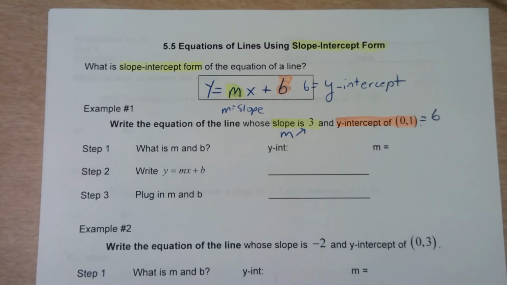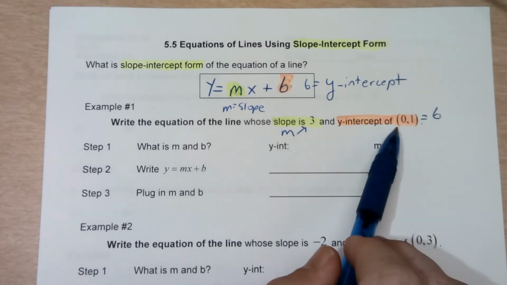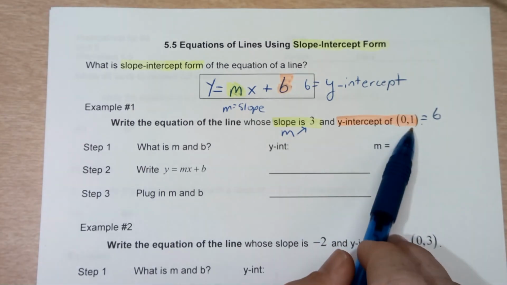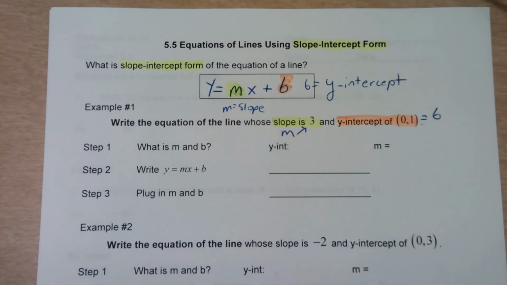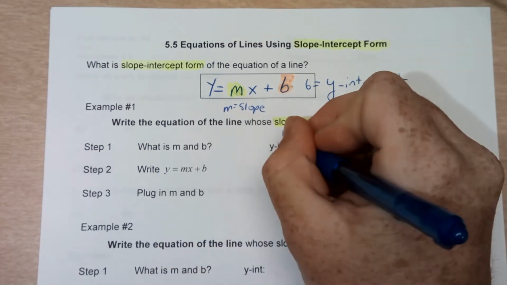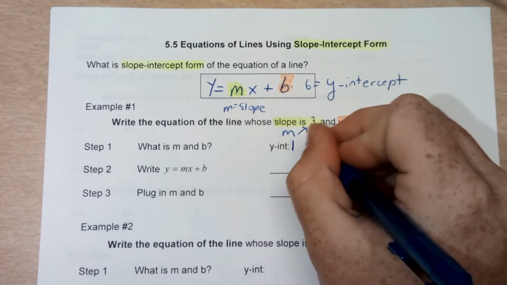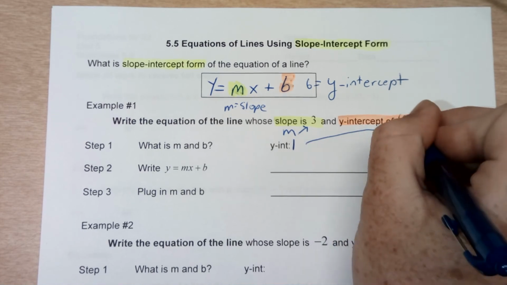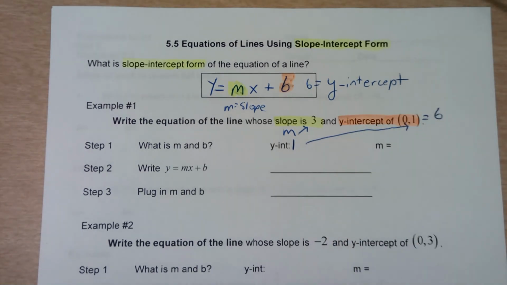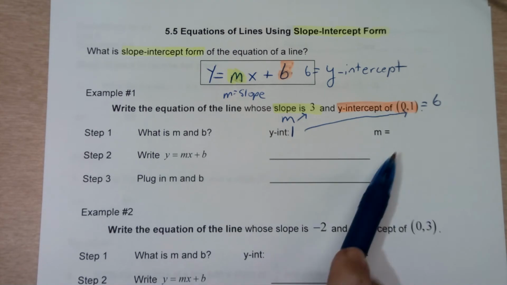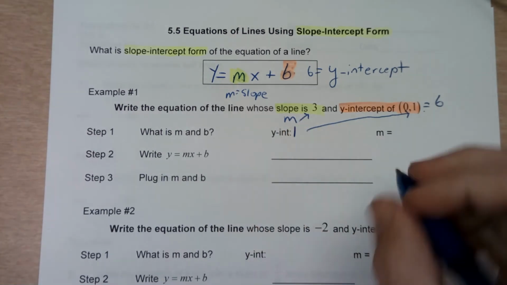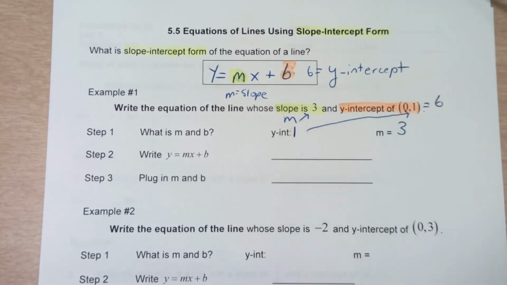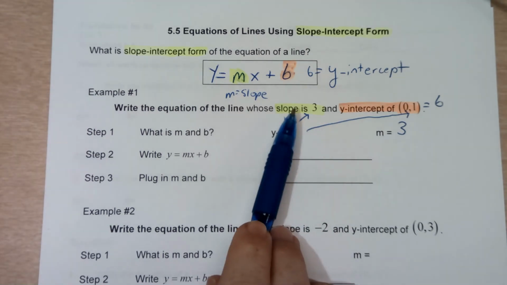On all of our y-intercepts, the x-coordinate will be 0, so this first number doesn't really matter. What we worry about is this number right here. Our y-intercept then would be 1. And our m is 3, because it tells us our slope is 3.